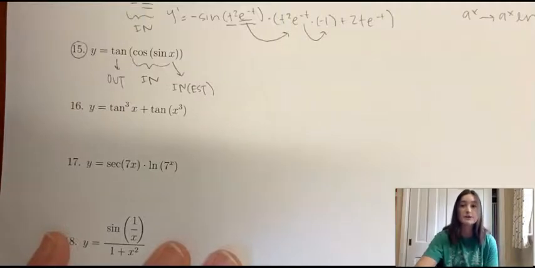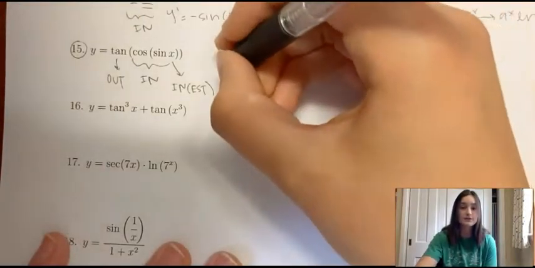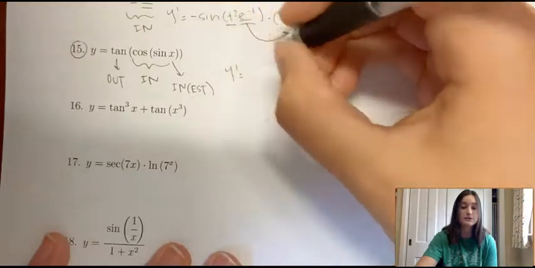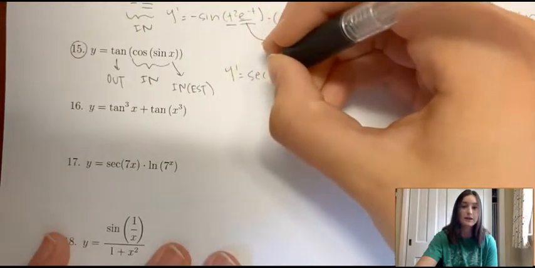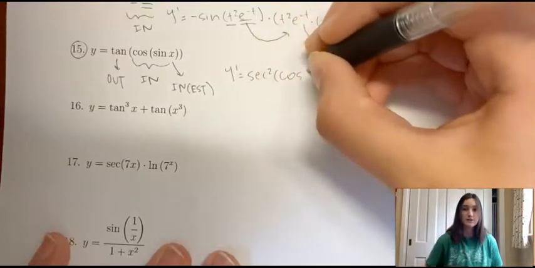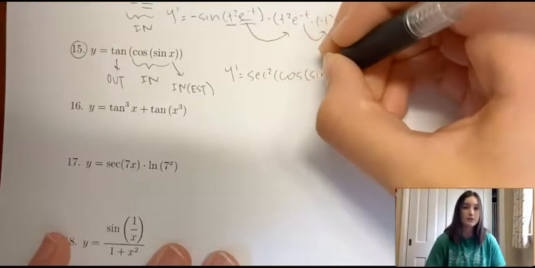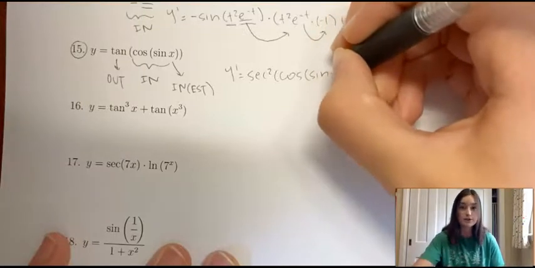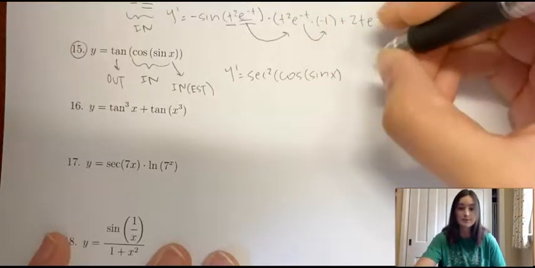Remember that the derivative of tan x is secant squared x. So we're going to do y prime equals secant squared. And then you do the inner function. So everything that's in those parentheses, cosine of sine of x, not changing anything because g of x stays the same.